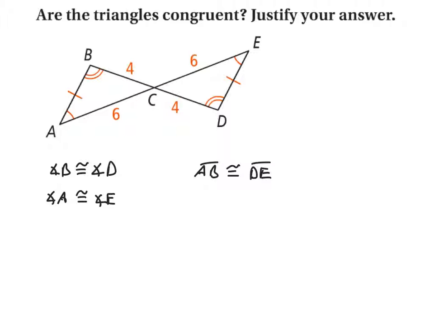BC is congruent to line segment CD. They have the same length, therefore they are congruent, so that is our definition of congruent segments.